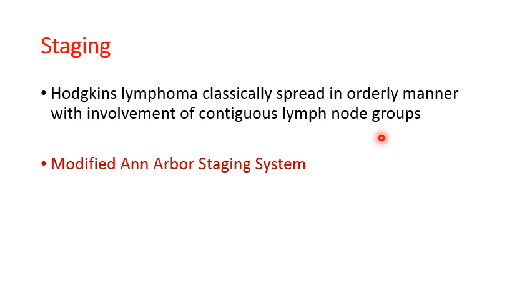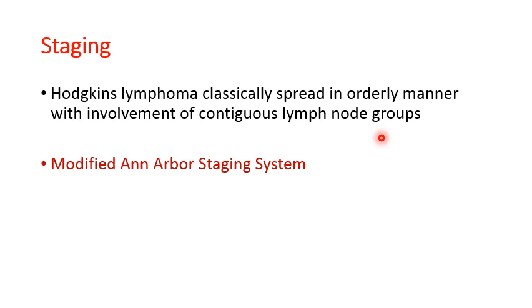So if this patient first presents with the cervical group, say supraclavicular group, then the next lymph node involvement would be either the same cervical group, like infraclavicular, or occipital group. They do not skip the infraclavicular and go to the inguinal group. So it spreads in a very orderly, contiguous manner, one group to the other, right?